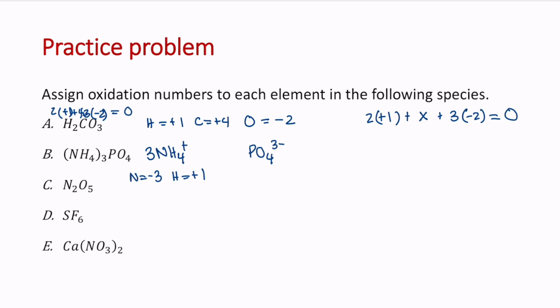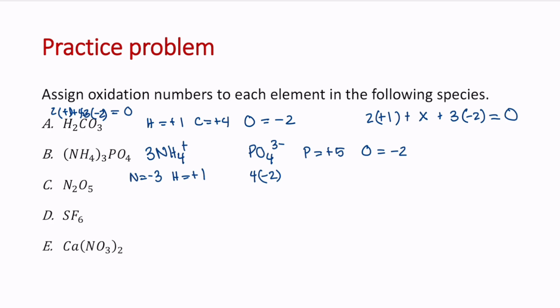For my phosphate, I know that oxygen is -2, and I have 4 of them, which is going to give me -8. In order for phosphate to have a -3 charge, my phosphorus has to be +5. So phosphorus is +5, oxygen is -2.